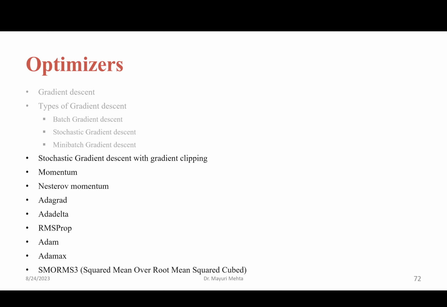In these cases, AdaGrad is able to adaptively adjust the learning rate of each parameter, which allows better handling of sparse data. So overall, AdaGrad is a powerful optimization algorithm that can help accelerate the training of deep neural networks and improve their performance. Okay, the next is AdaDelta.